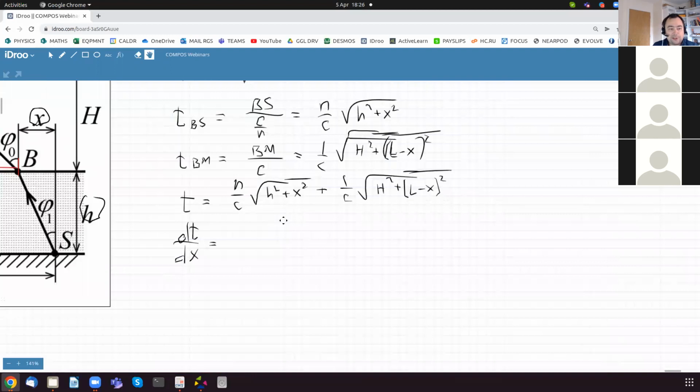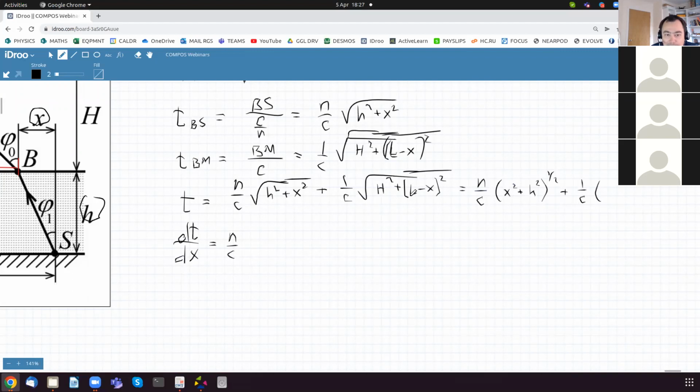Okay, so we differentiate that. So that's going to be n over c, which doesn't change. N over c is a constant. And then we have the derivative of the outside function. Maybe it makes sense to just write it like this: x squared plus h squared to the power of a half, plus 1 over c, L minus x.